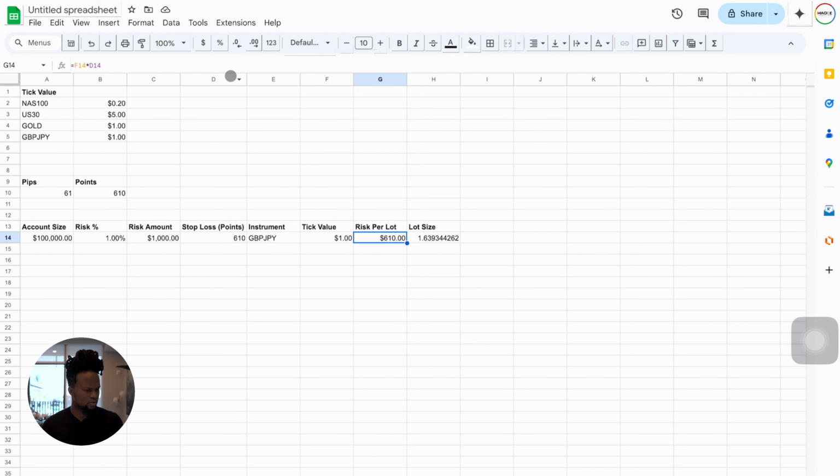But let me check something real quick on this pair, GBP JPY, to ensure that I gave you the correct value for the tick value. I'm looking at this and it's actually not showing right now, so let me adjust this so that it is correct.